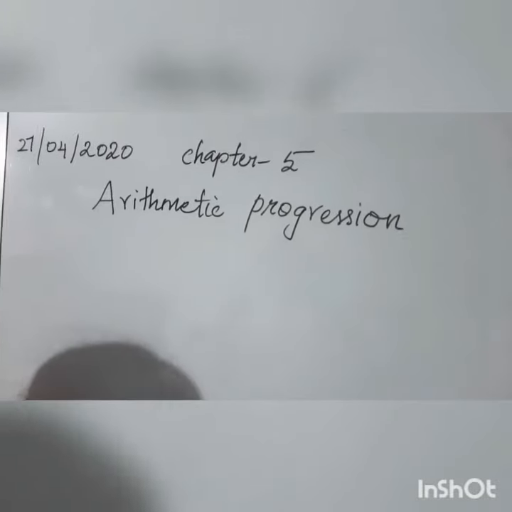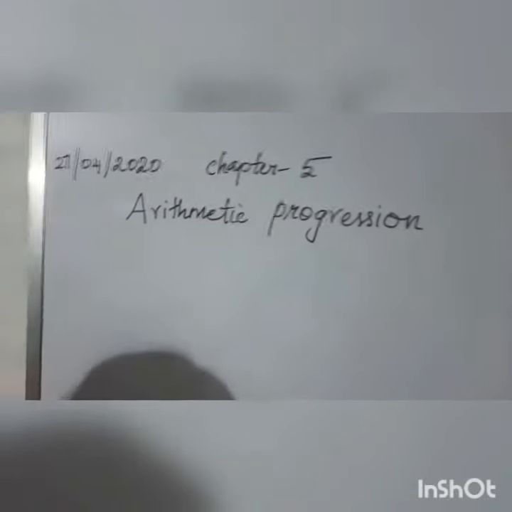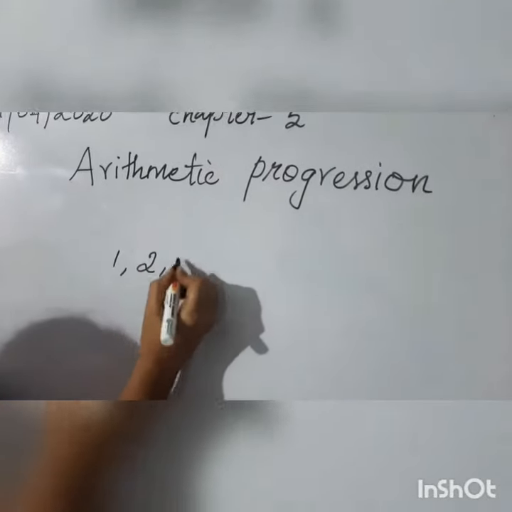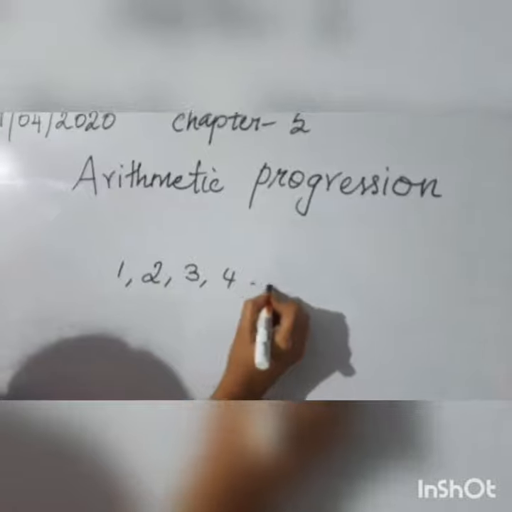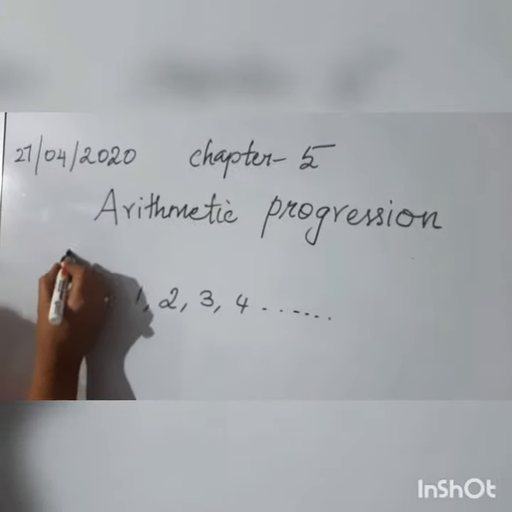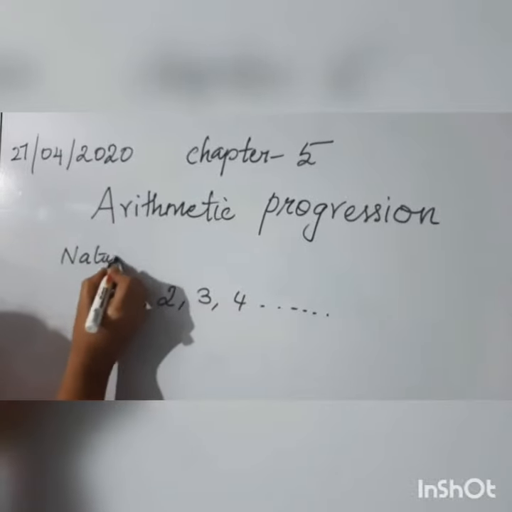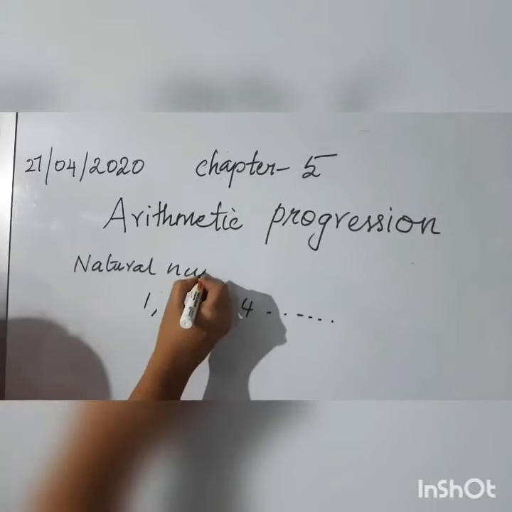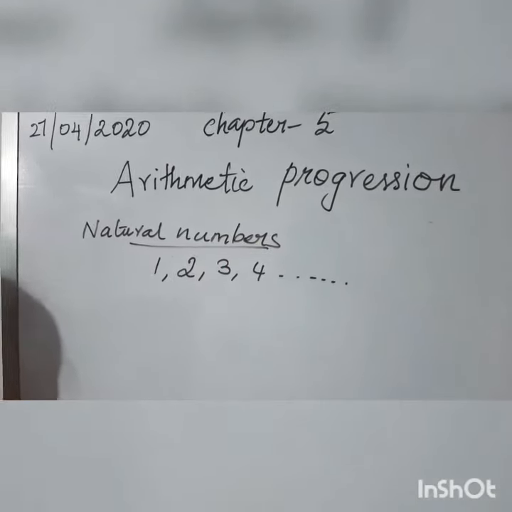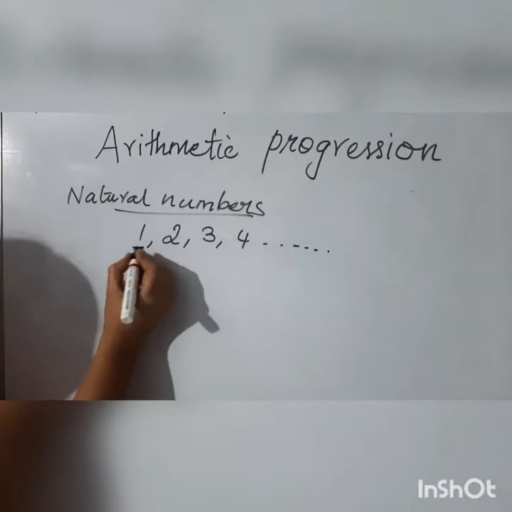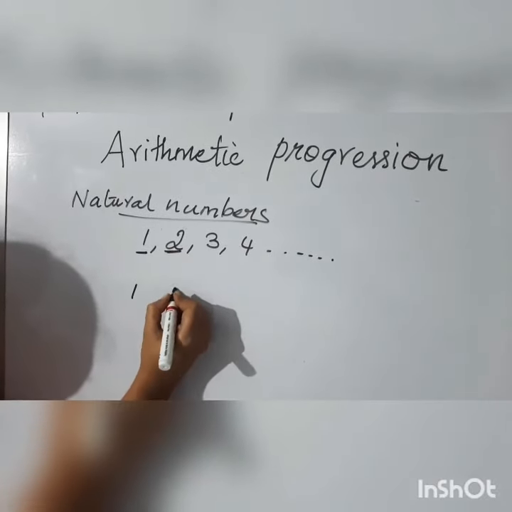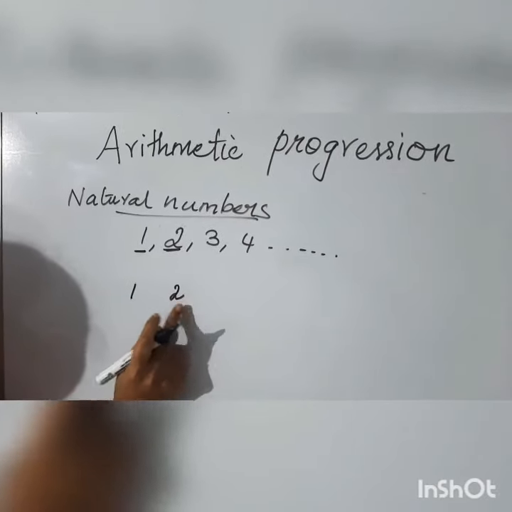Now, for arithmetic progression, check this example: 1, 2, 3, 4, etc. This series of numbers, as you know, is nothing other than the natural numbers. But these numbers also form an arithmetic progression. For example, check the first number, that is 1. And what is your second number? 2. How will you get 2 from 1?